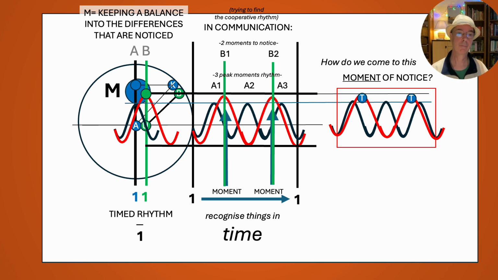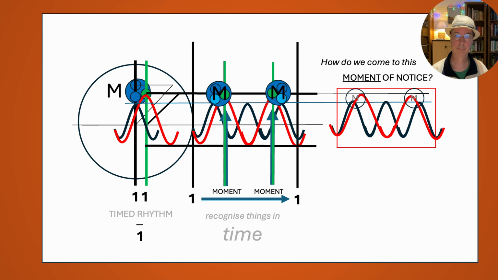The M, we started from the M. So we want to keep balance in all the differences that we notice at the edges there. We try to keep a balance of focus. That's the M. I also present that there in the middle. There are 2 M's. And so of course, these moments will be built up from there.